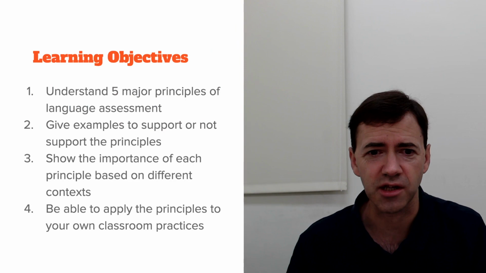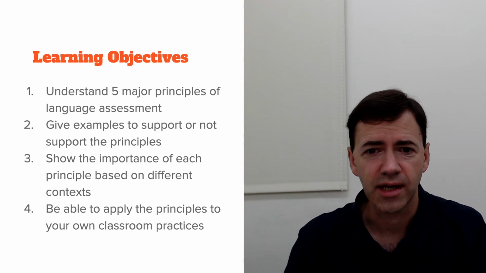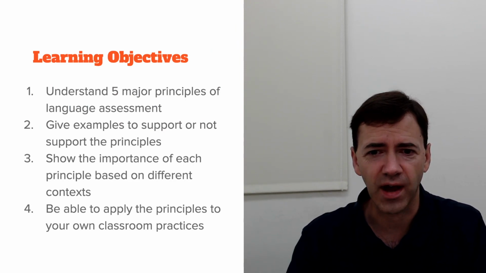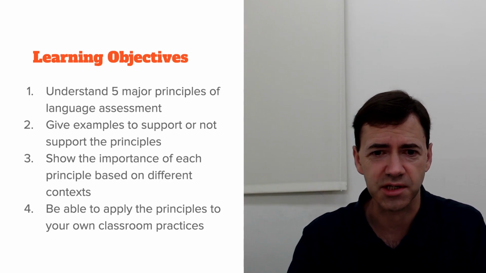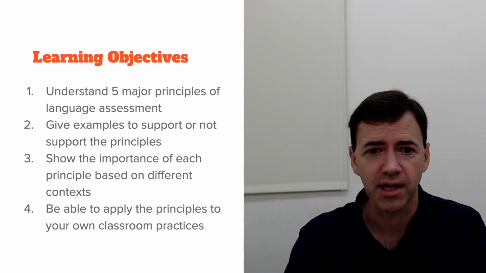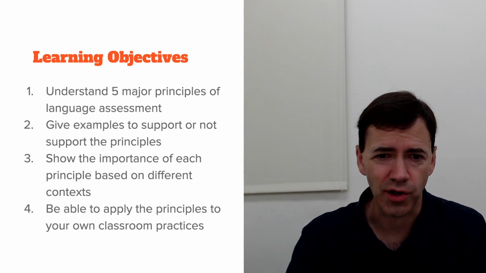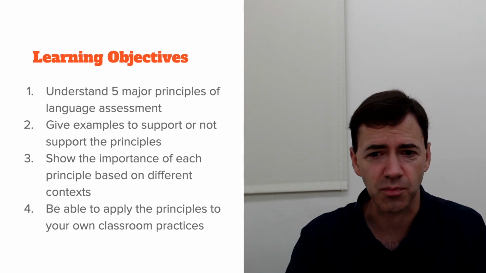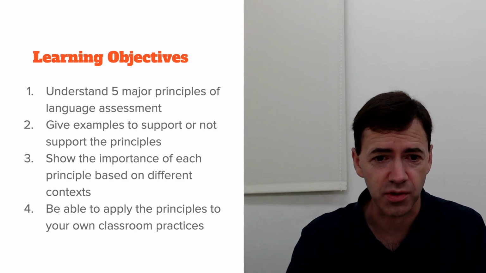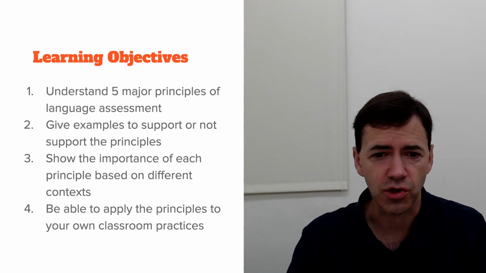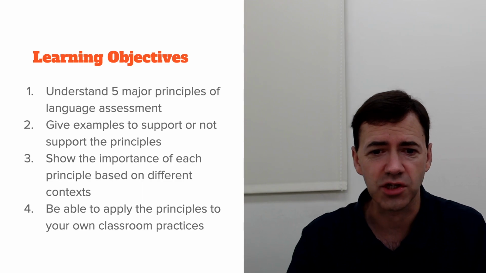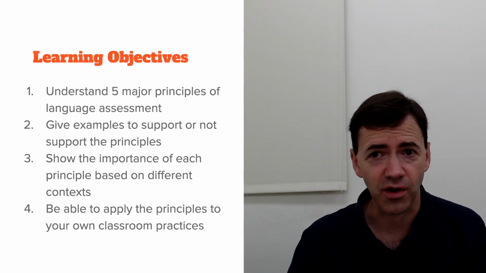So the learning objectives for the whole chapter is, first of all, to understand the 5 major principles of language assessment. And we're going to give some examples. Then you should learn how to give examples to support or not support the principles. Then you should also learn how to show the importance of each principle based on different contexts.